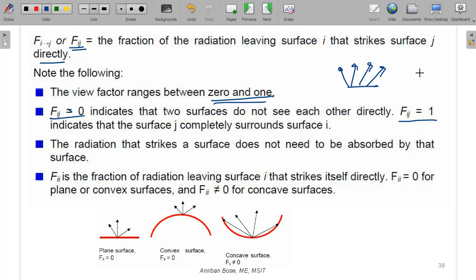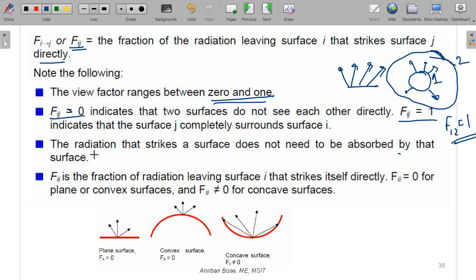This may happen if, let us consider, this is a spherical surface 1, and there is another surface 2, which completely encloses it. In that case, whatever is coming out from 1 definitely strikes 2. So in this example F12 must be equal to 1. There is no other choice, because whatever is coming out of 1 must strike 2.